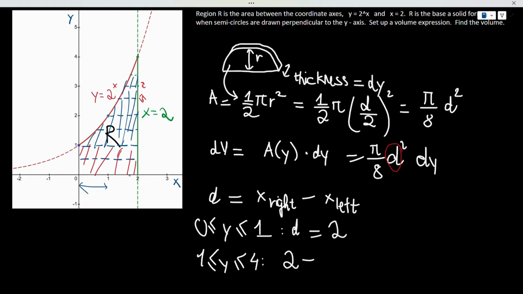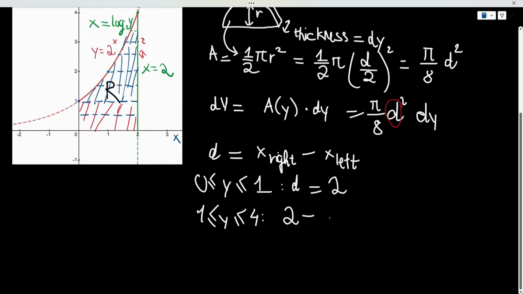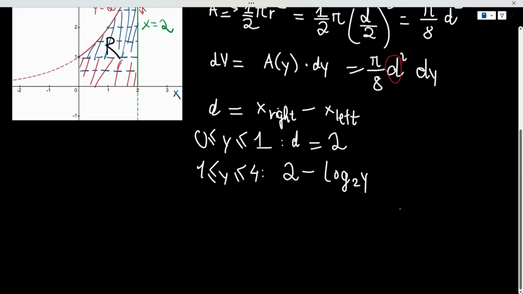But in this case, because we are iterating using the variable y, and I already used dy over here, I'm going to make x into something in terms of y, because we already have the function y equals 2 to the x. So if we rewrite it, x equals log base 2 of y. So I'm going to plug it in here.